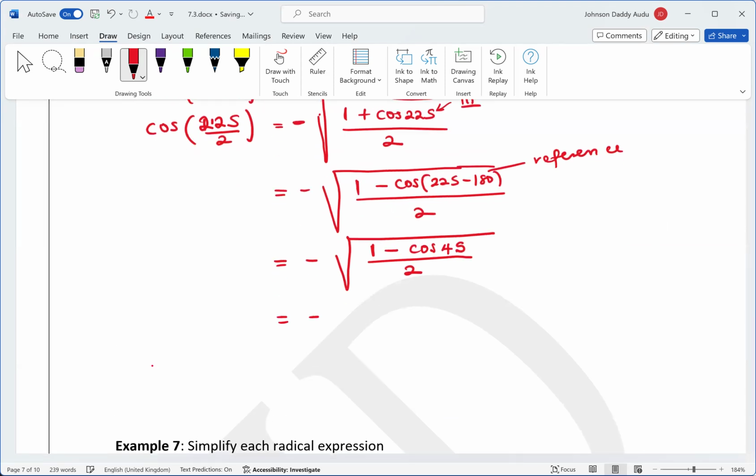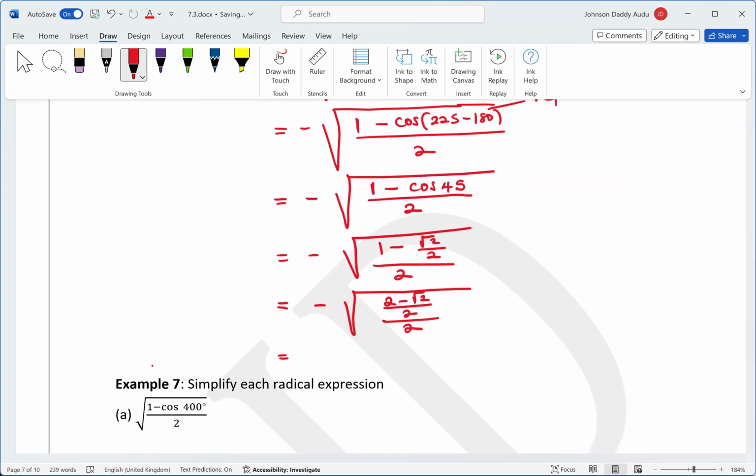And then we're almost done. So this is just going to be the root of 1 minus root 2 over 2, everything divided by 2. And this is minus the root of 2 minus root 2 over 2, then everything divided by 2, which is minus the root of 2 minus root 2 over 4.